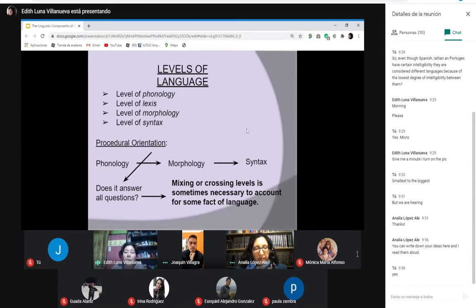So what James is saying here is that following the traditional procedural orientation cannot solve all instances of contrastive analysis. What we need to do is to mix or cross levels. I'm going to show that in an example, no worries with that.